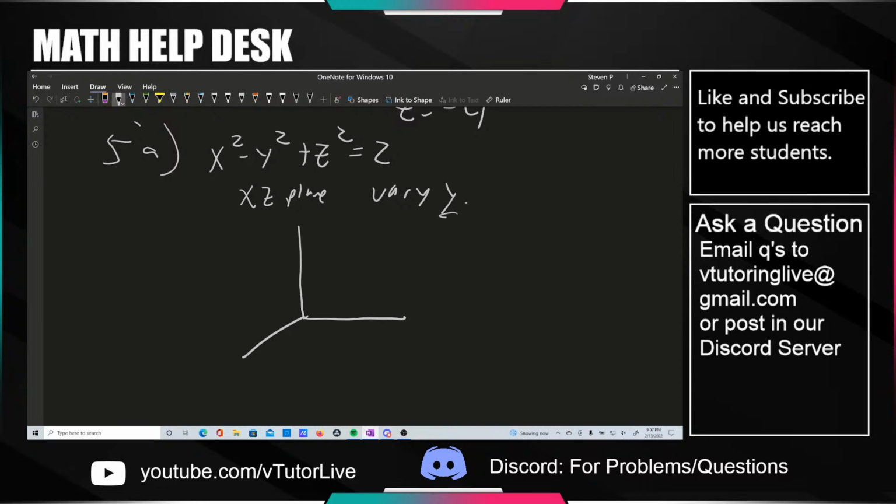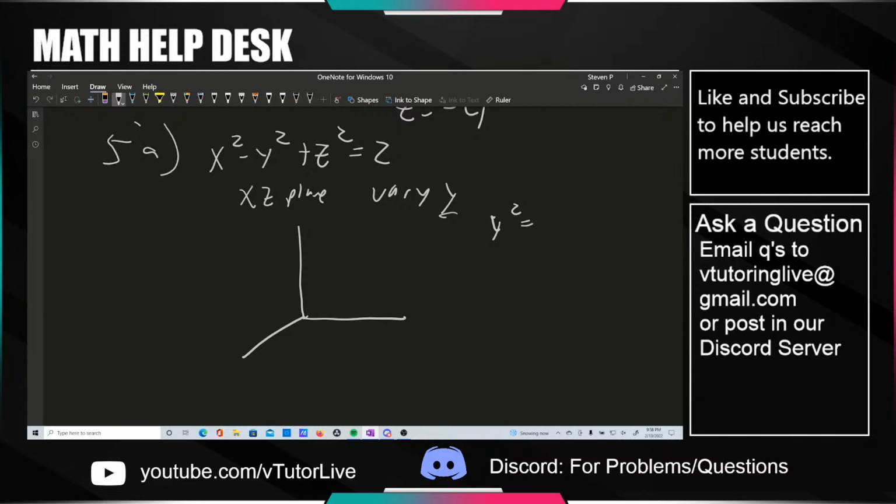So typically we solve for y, or maybe y squared. That turns into y squared is equal to 2 minus z squared minus x squared, I think. Oh no, sorry, I did that wrong.